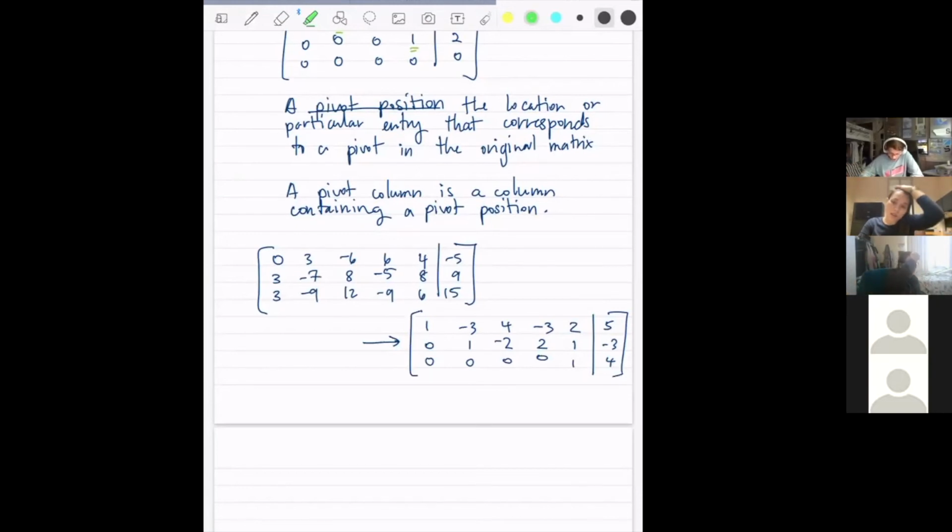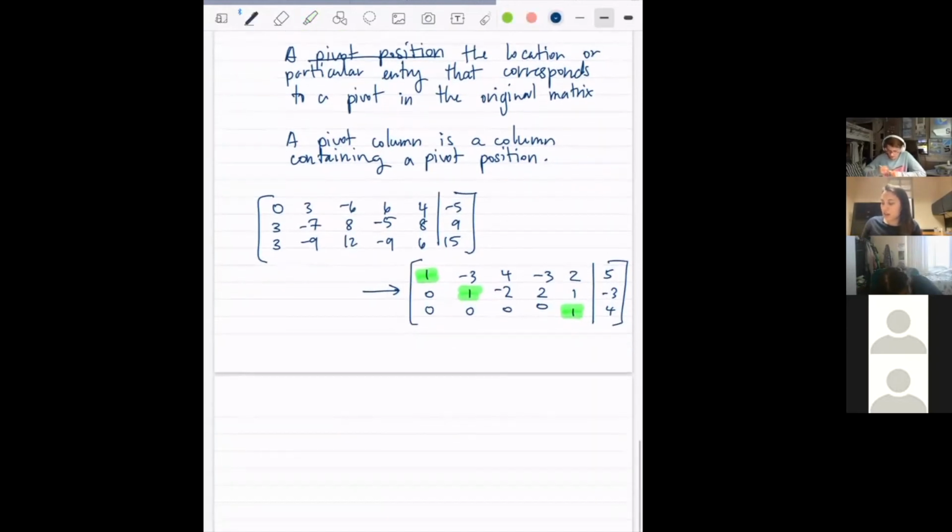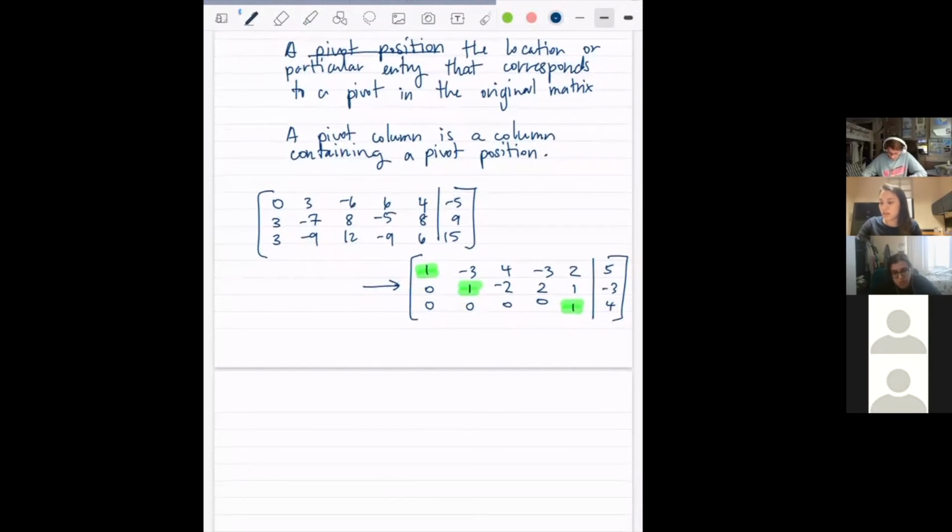Okay, so here we have our row reduced matrix. So it is in row echelon form, not reduced row echelon form. But from that, we can tell where our pivots are, right? They occur here, here, and here. And then the pivot positions are just the ones corresponding to those highlighted entries in the original matrix.